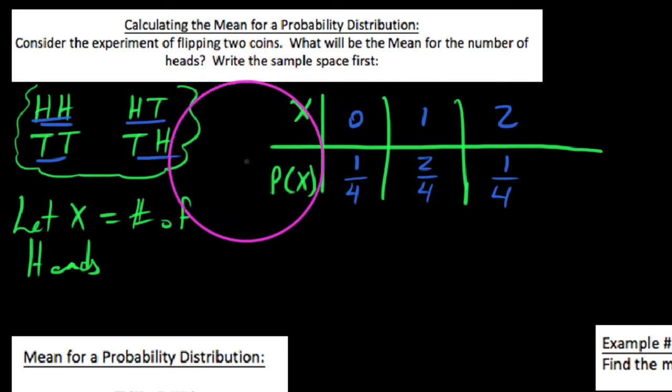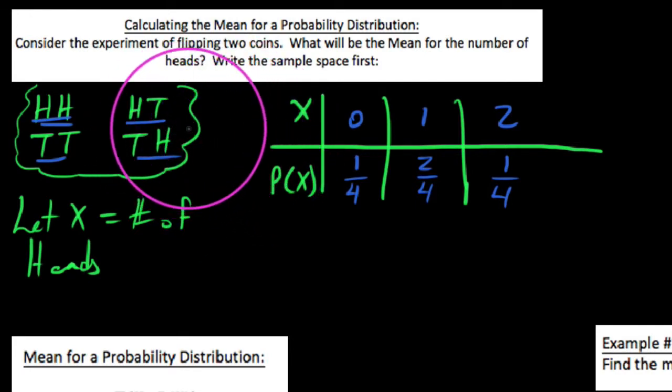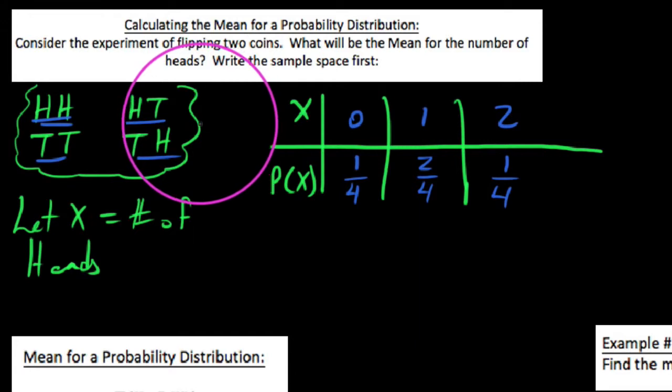So when we talk about the average number of heads, let's say we're playing a game in which we flip these two coins, and the way you win is to have at least one head.